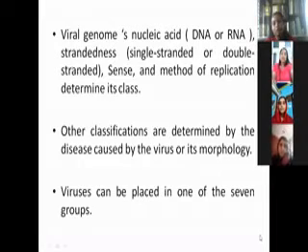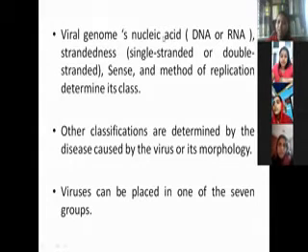Viruses are classified in different ways. The classification depends on the genome of the virus: whether the genome is DNA or RNA, single stranded or double stranded, positive sense or negative sense, and the method of replication.